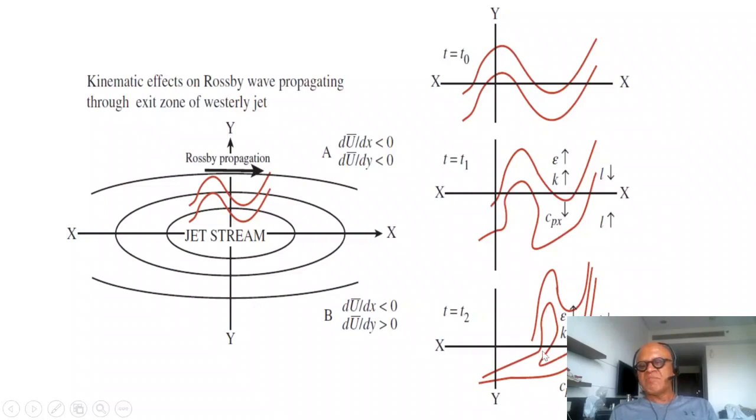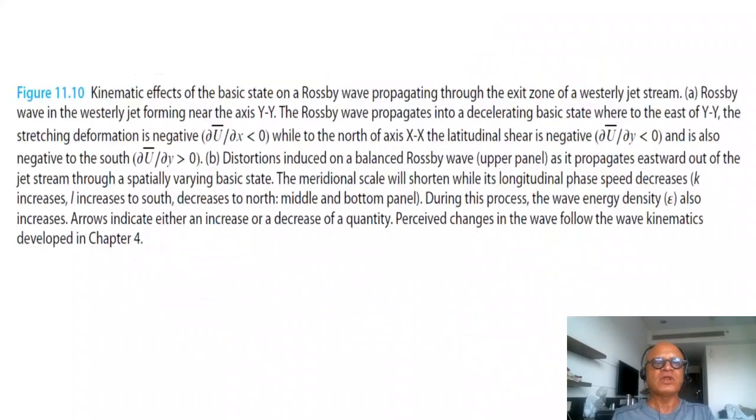You can see the impact of accumulating energy and creating these breaking Rossby waves that we saw in the potential vorticity substance and so on. So this is a nice way of bringing back our wave kinematics into this situation of what is happening at the jet stream axis. All right. So it's just kind of a schematic, but gives you a good sense of what the physics is. Okay.